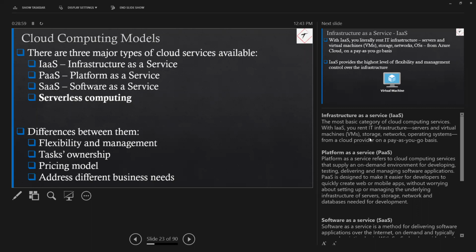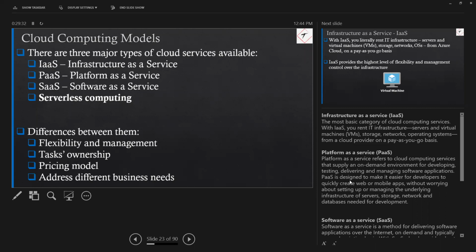So infrastructure as a service is the most basic one of cloud computing, where you rent infrastructure, servers, virtual machines, and operating systems from the cloud services provider on a pay-as-you-go basis. Platform as a service refers to cloud computing services that supply an on-demand environment for developing, testing, and delivering software applications.